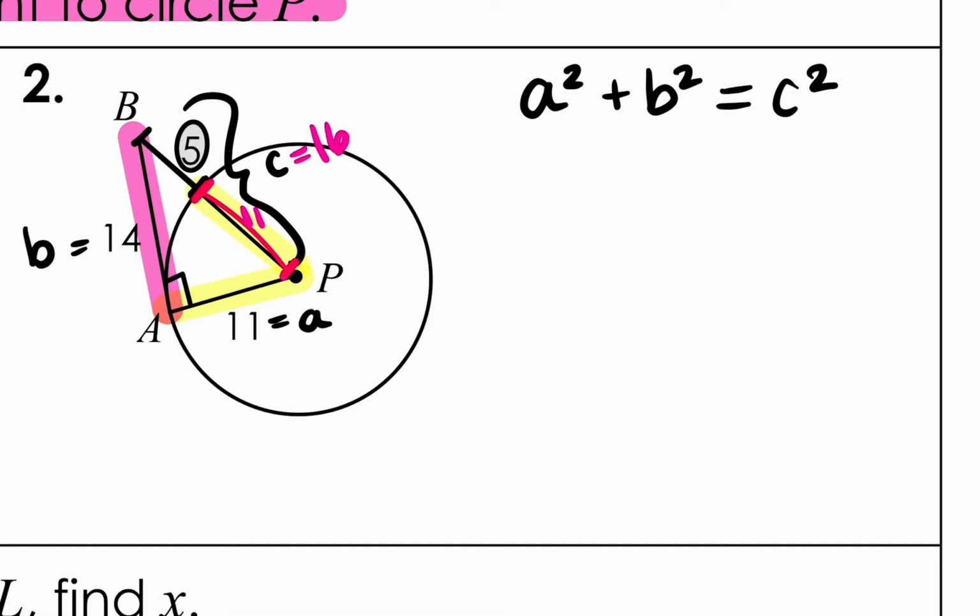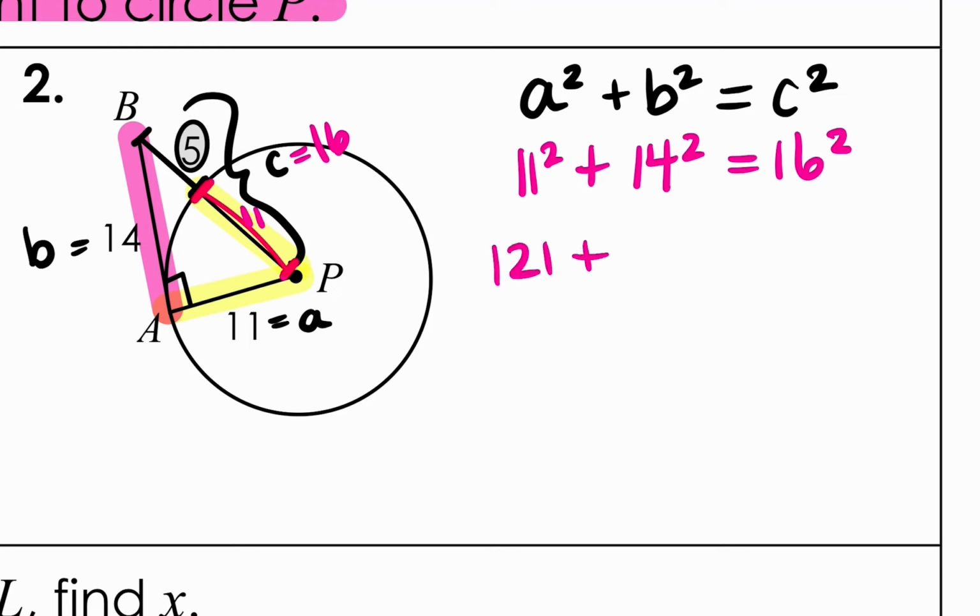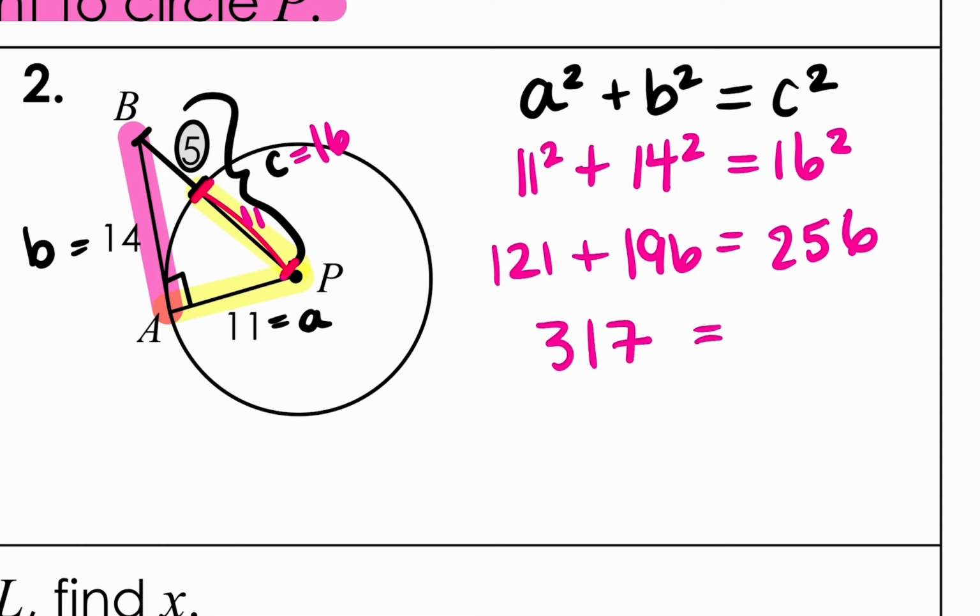Now we can just fill this in. We have a squared is 11 squared plus 14 squared equals 16 squared. Hopefully we'll see. 121, here we get 196, and for 16 squared we get 256. Is that true? No. 121 and 196 gives you 317, which is not equal to 256.